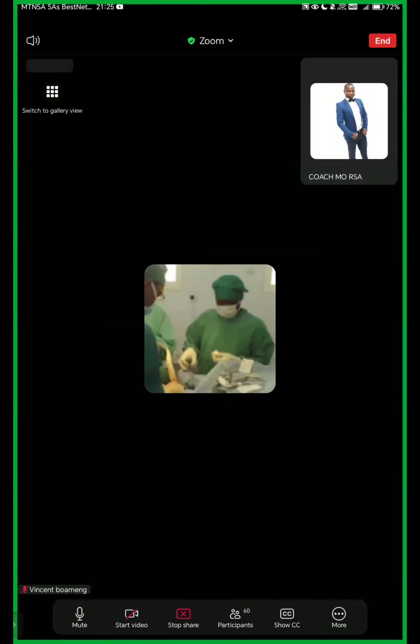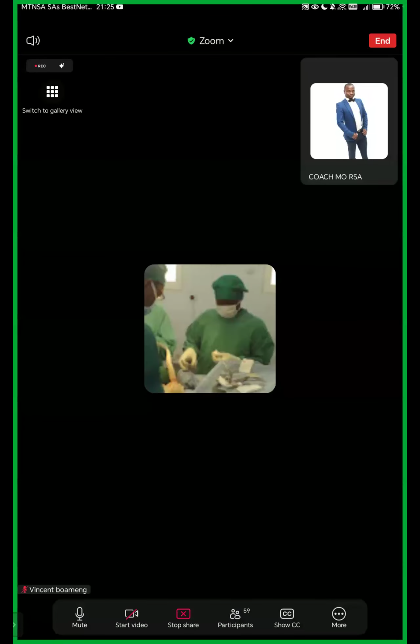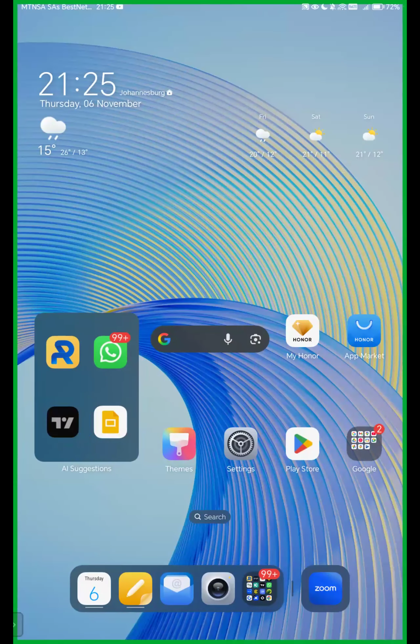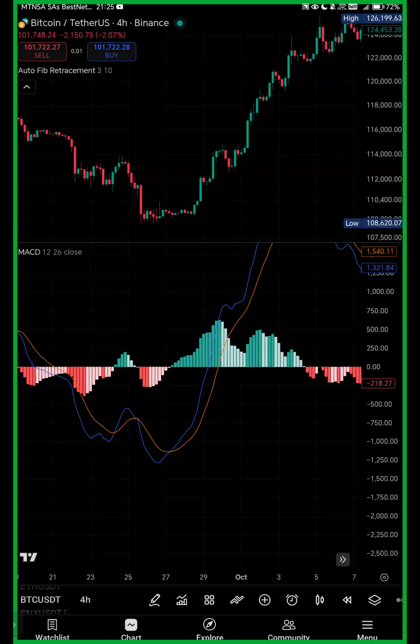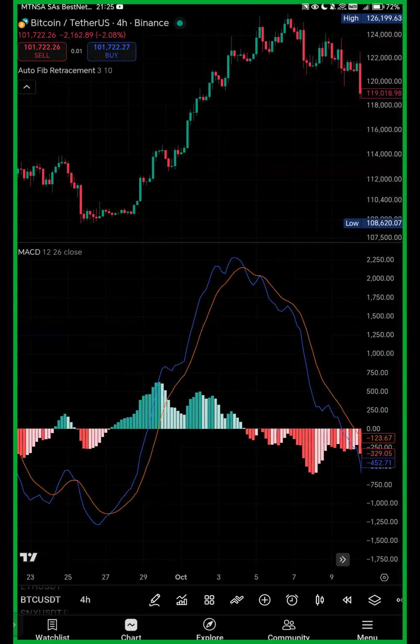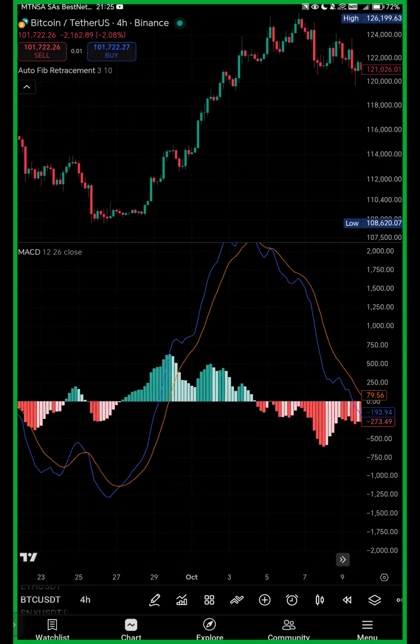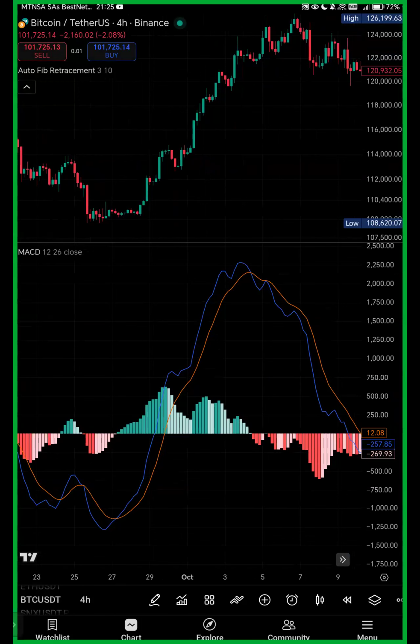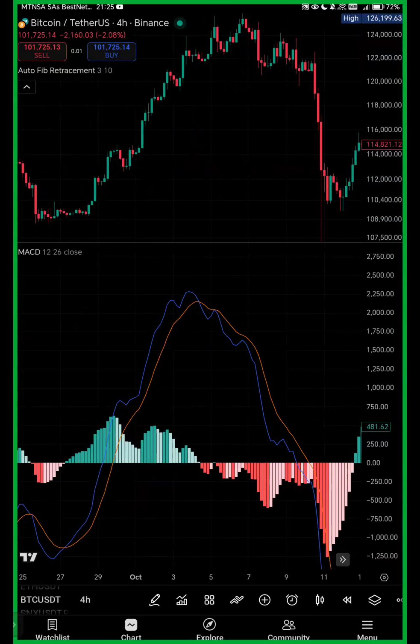Okay. Someone is asking about the crossovers. Let me go back to TradingView. When a crossover is happening above the zero line, in most cases the price will pump.